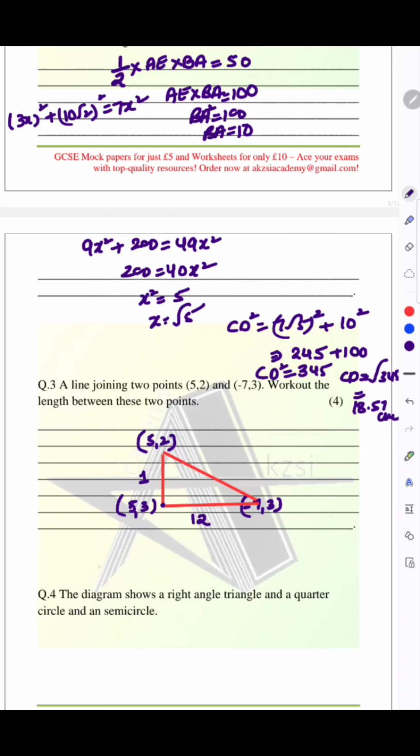Now I can easily apply Pythagoras. It doesn't matter in which direction we have located the point, the answer will remain the same because all are positive. That gives you 12 squared plus 1 squared, that is root 145. You can leave your answer in root form, unless it is specifically mentioned that you have to give your answer to 2 decimal places or in another form.